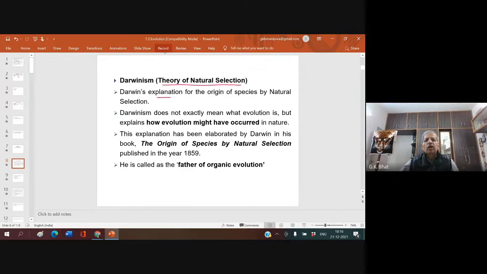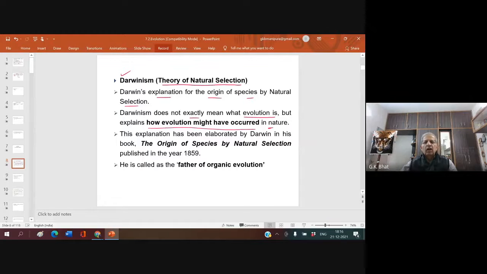Darwin's explanation for the origin of species by natural selection is known as Darwinism. Darwinism does not exactly mean what evolution is, but it explains how evolution might have occurred in nature.